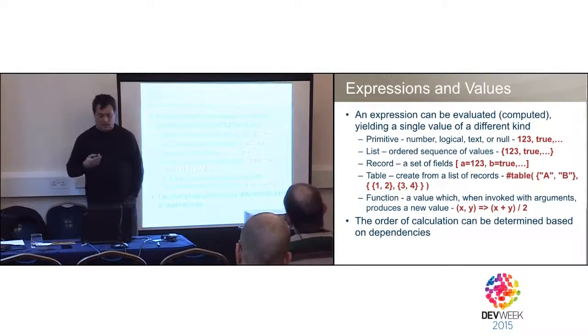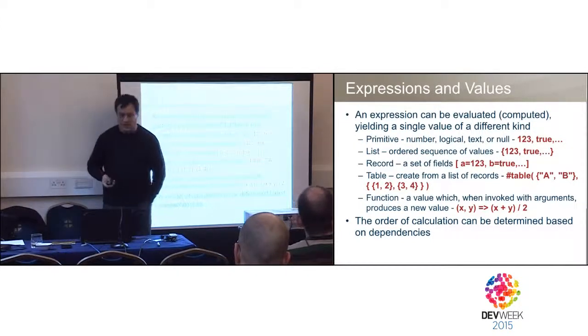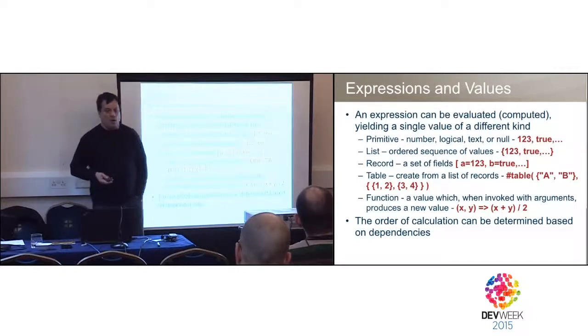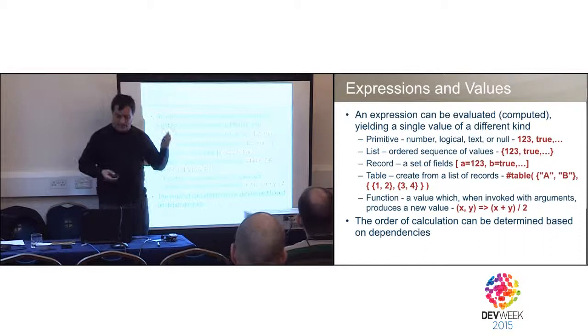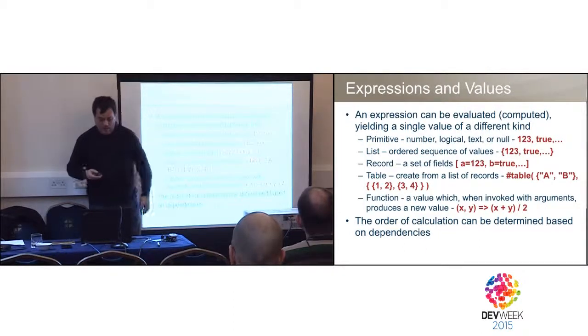Or it's a list. This is an ordered sequence of values. Or you can return a set of fields. So this is a record, similar to a tuple in the relational model. Still, it is ordered, so you can always refer to the position. And table. So a table is a list of records.